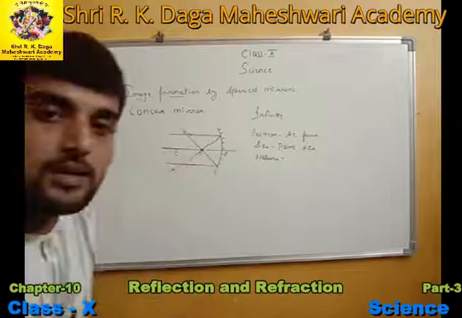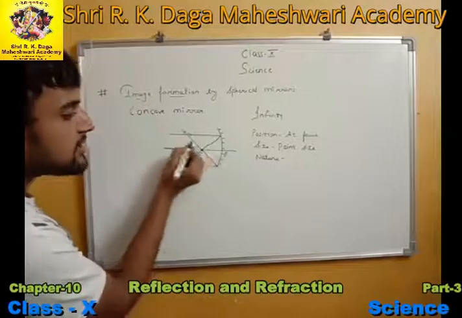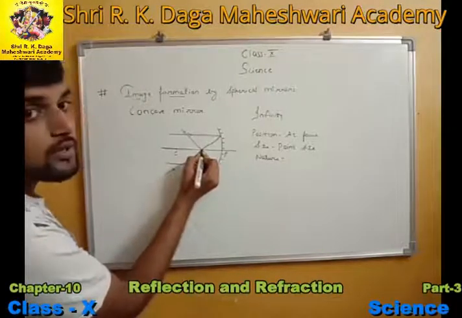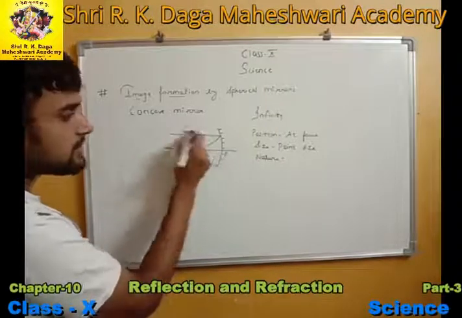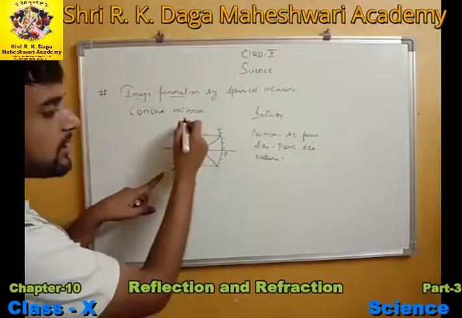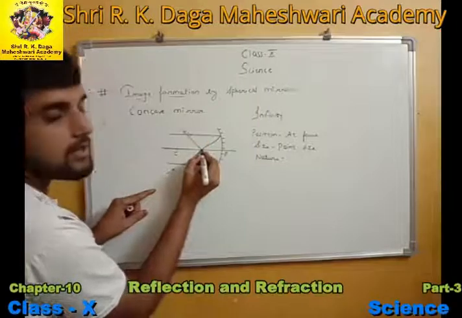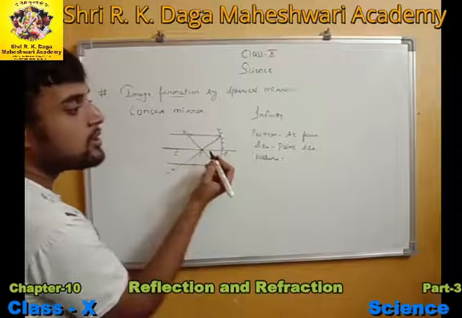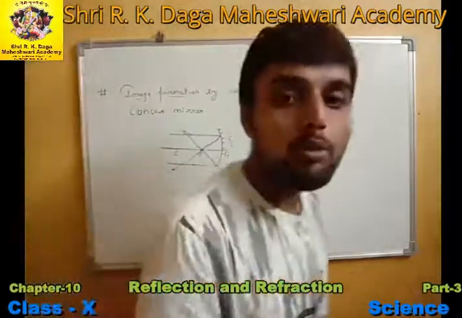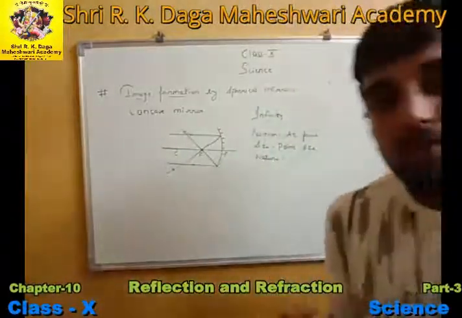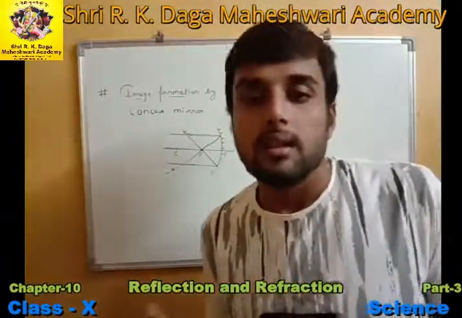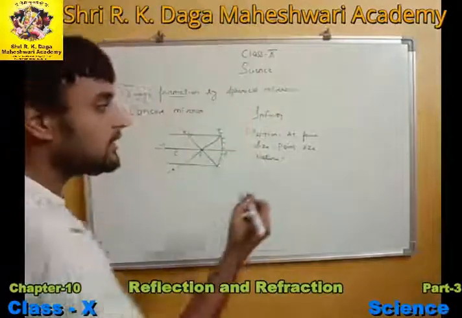As we can see here, the reflected rays are actually meeting at this point, right? This ray will get reflected and this ray will also get reflected, and both the rays meet each other at this point. So we know that when two or more reflected rays actually meet each other at a point, then the image formed is real and inverted, right?